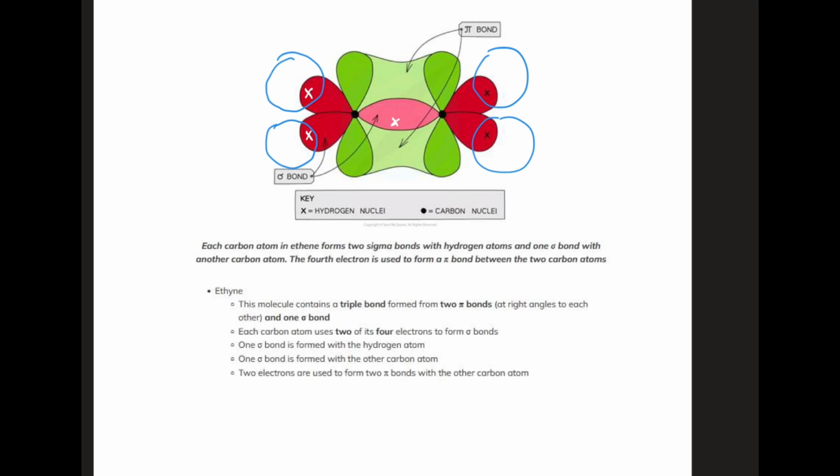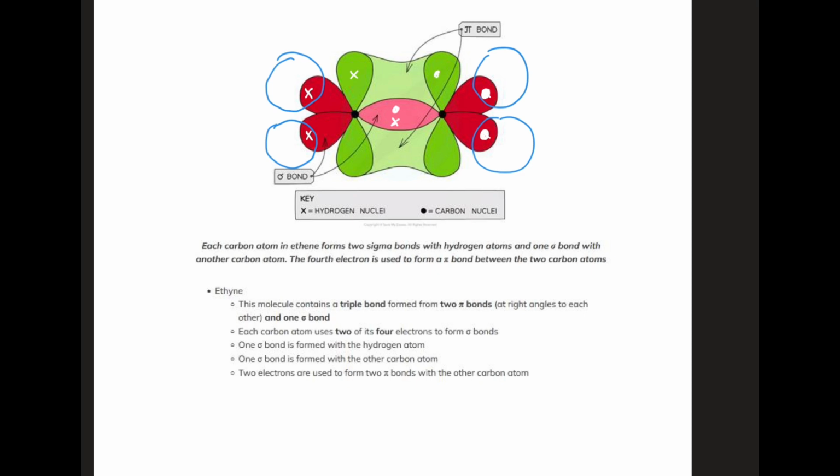The 4th one. So let's say I just put a cross there. So there are 4 electrons. So 3 form sigma bonds, 1 forms a pi bond. So likewise for this carbon. Let's say this one I use a dot.